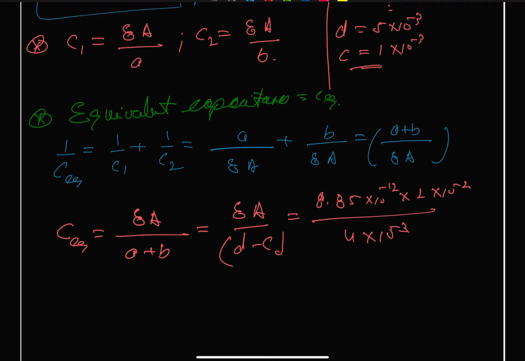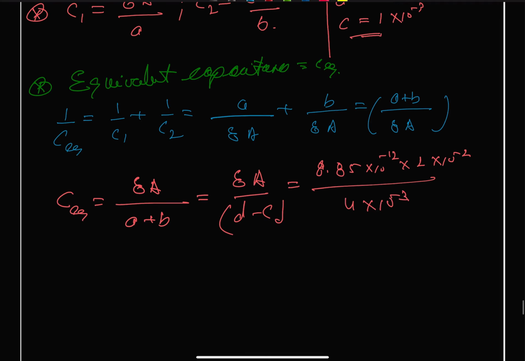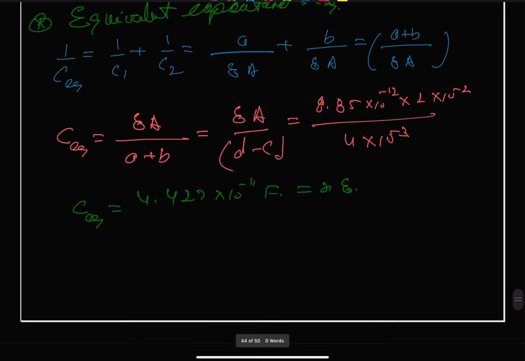So C equivalent is 4.427 into 10 to the power minus 11 farads, and this is given to us as x times epsilon naught. We should not have put the value of epsilon naught anyway, and we need to find x.